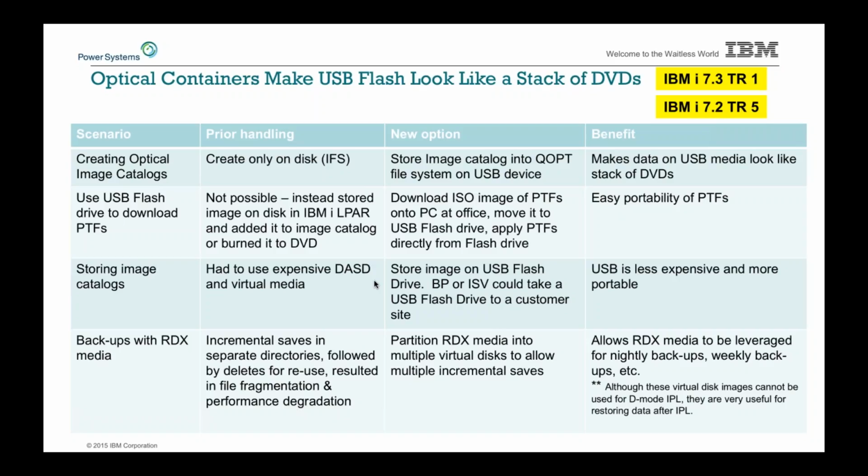Well, now with the new changes that we've made in the ability to read, manage and deal with USBs, you can, for example, download ISO images of the PDFs onto my PC. I can then put them on the flash drive, plug the flash drive into my IBM i, and apply them directly from there. It's really made it easy to deal with this type of media.